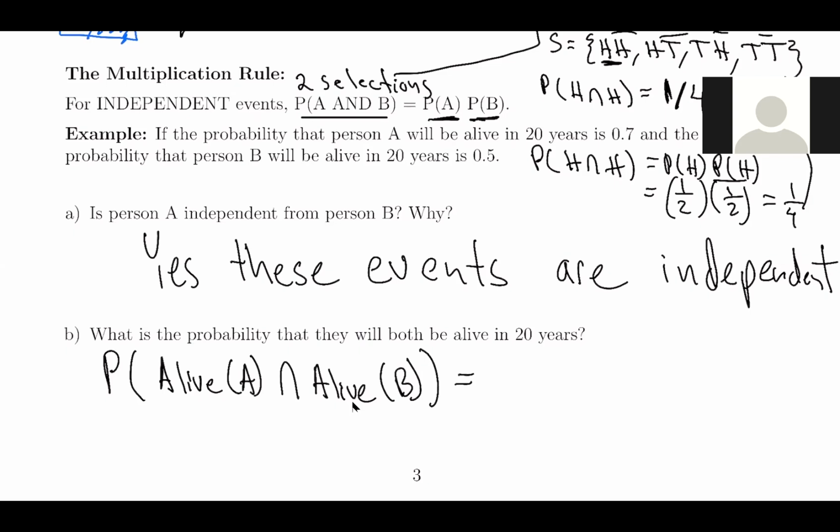The probability that person A will be alive in 20 years is 0.70. The probability that person B will be alive in 20 years is 0.50. So 0.70 times 0.50 gives you 0.35, or 35%. And that's it for B. Any questions in regard to B?